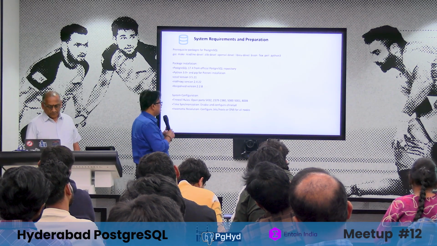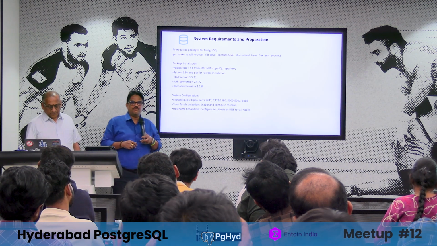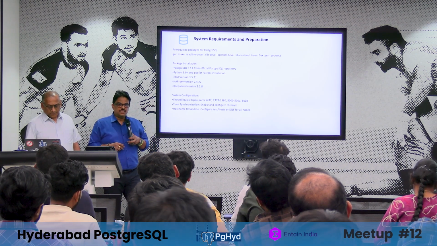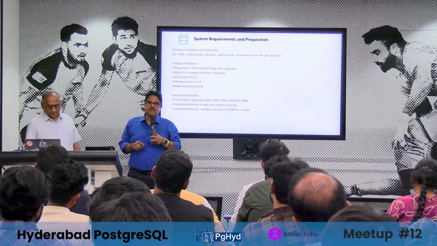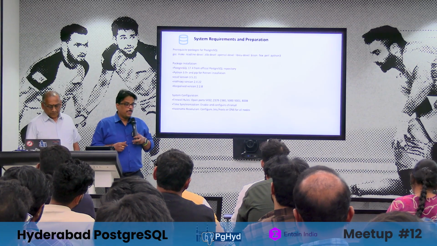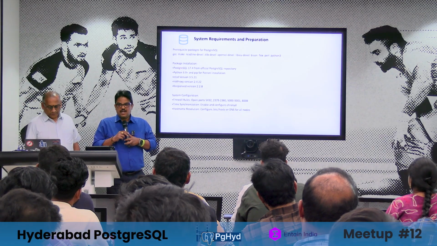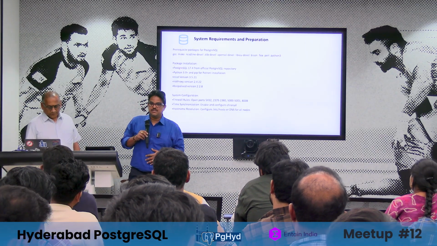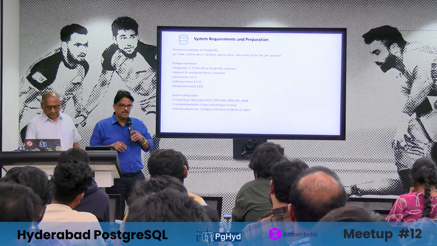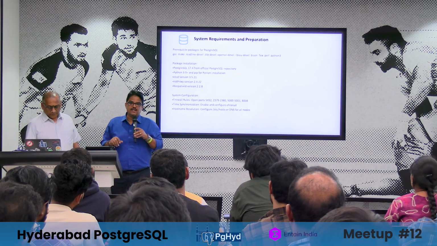Now 5000, as I mentioned, has to be configured in HAProxy. 5000 is for your read-write operations, and 5001 is for your read-only operations. Say I have an application where I generate only reports and don't want to do any read-write operations.